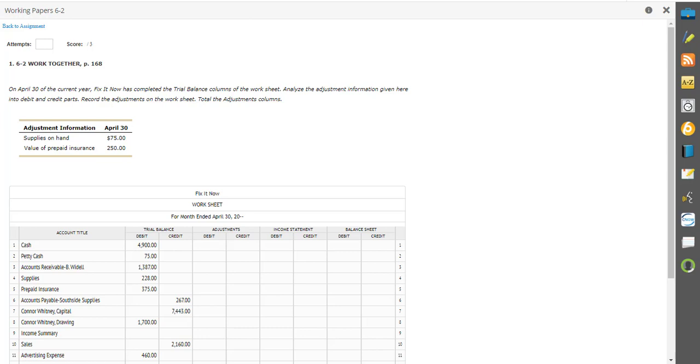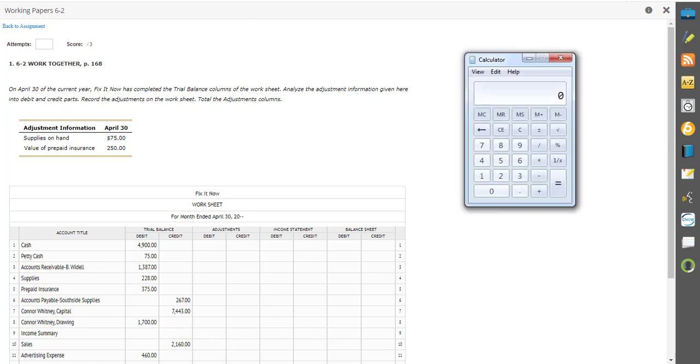So many students will get this wrong on the test because they're going to see this adjustment and say, oh, I'm going to adjust supplies on hand for $75. But that's not right. Look right here. Financially, we have $228 worth of supplies. When we do our inventory account, we have 75.